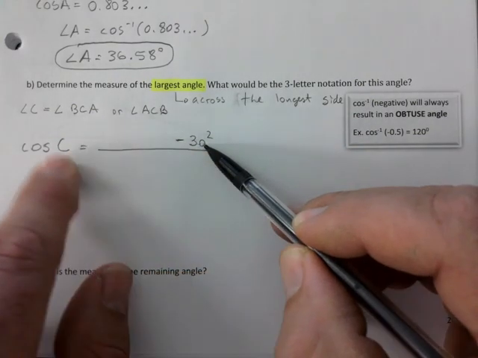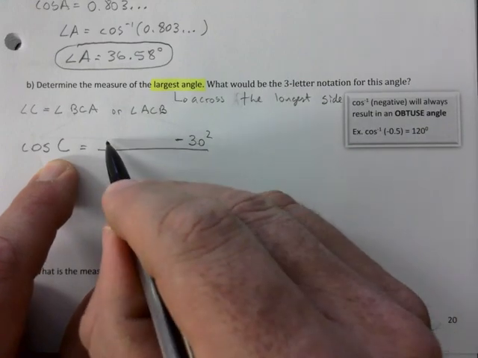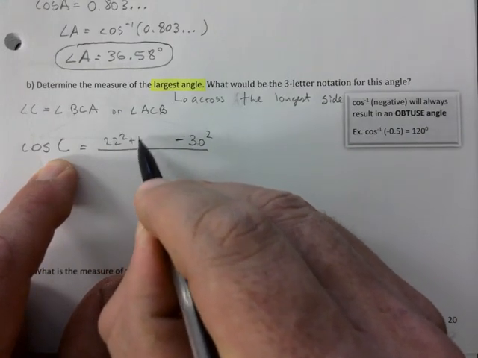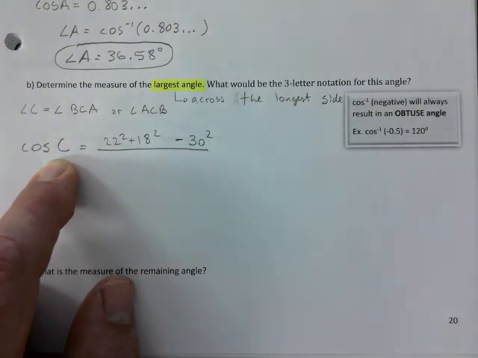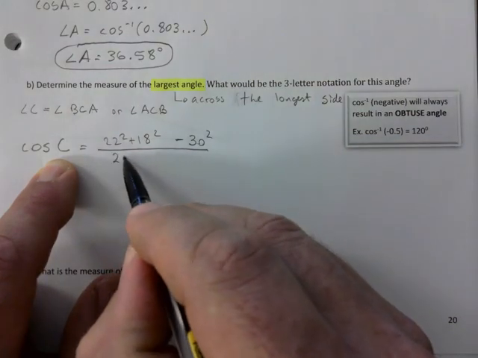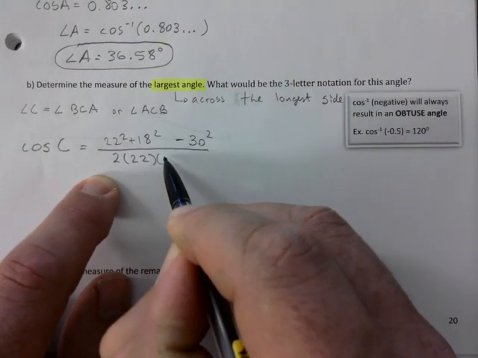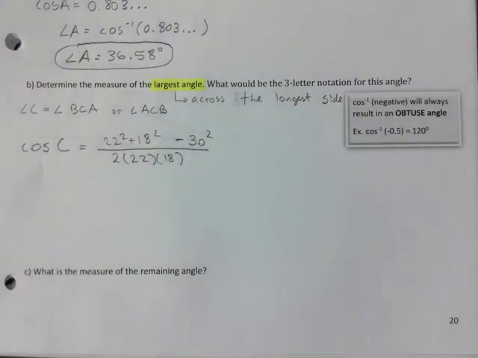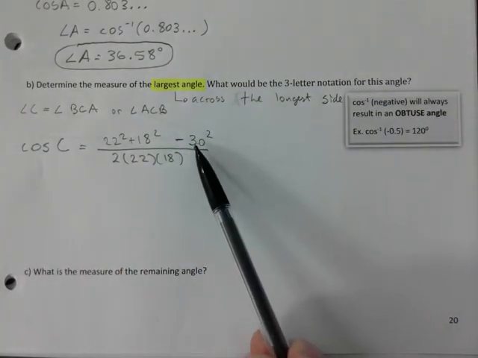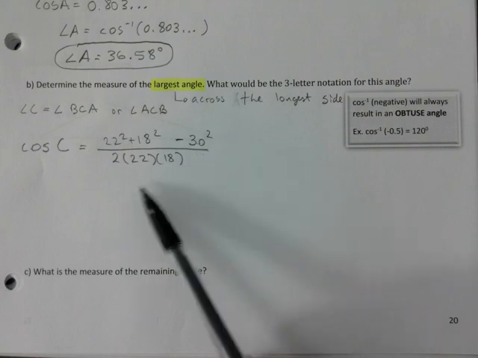So 30 is across C. Then you grab the other two, 22 squared plus 18 squared. And then underneath, 2 times 22 times 18. The 30 doesn't show up anywhere else, right? That side that you used here to subtract, it doesn't show up anywhere else.